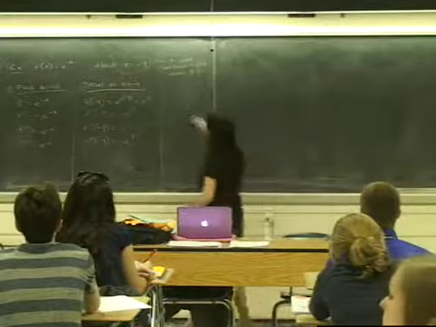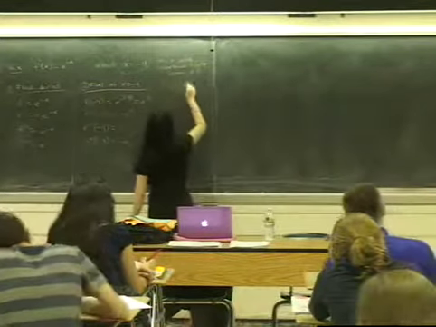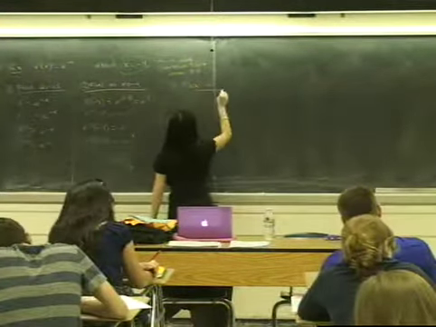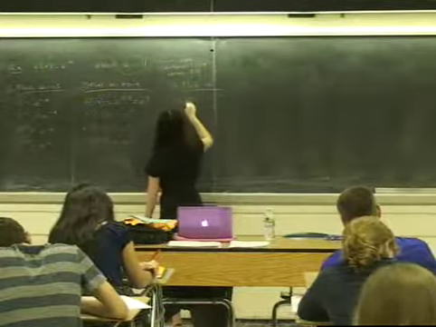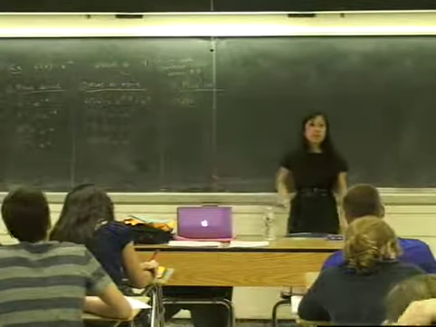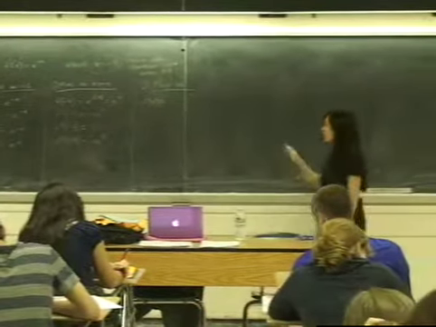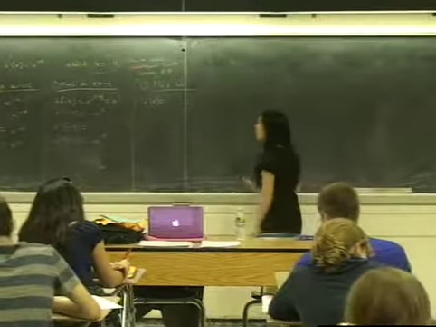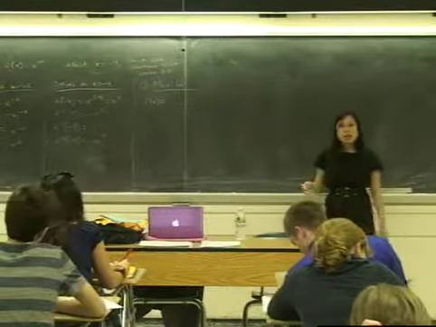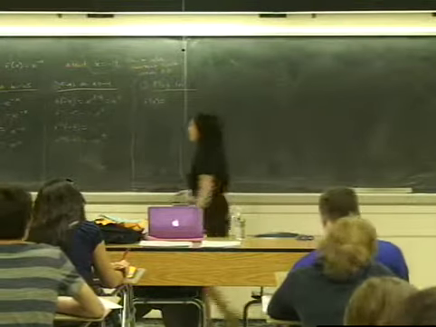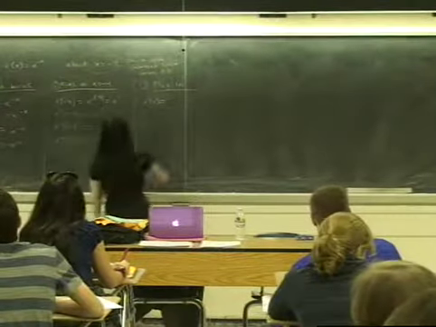Okay, so step 3, plug in. So I write out the formula for the Taylor series, centered around x equals -4. So my first term is f of a, okay, and a is the center, and in this case the center is -4.